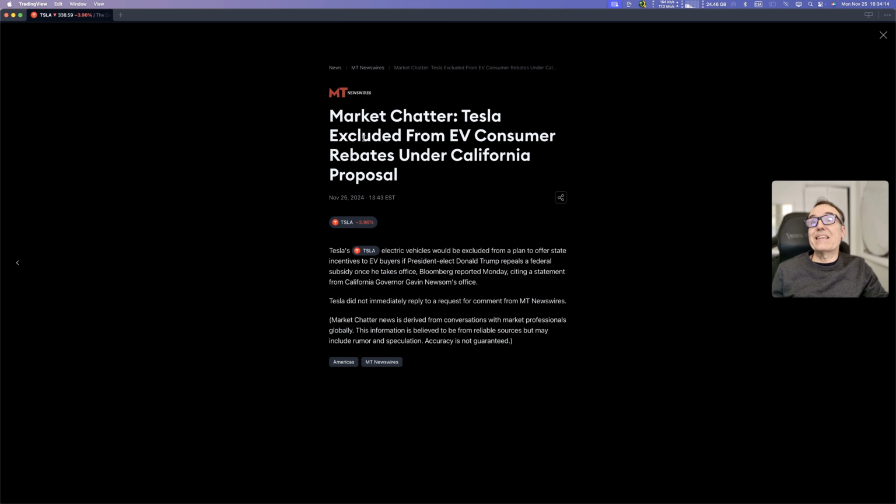Tesla excluded from EV consumer rebates under California proposal. So Tesla's electric vehicles would be excluded from a plan to offer state incentives to EV buyers if President-elect Trump repeals a federal subsidy once he takes office. Bloomberg reported Monday, citing a statement from California Governor Gavin Newsom's office.